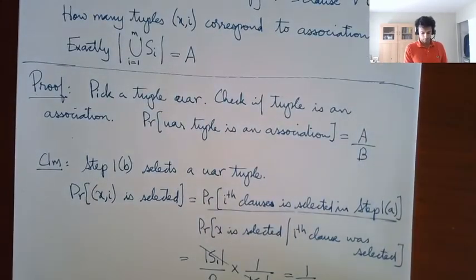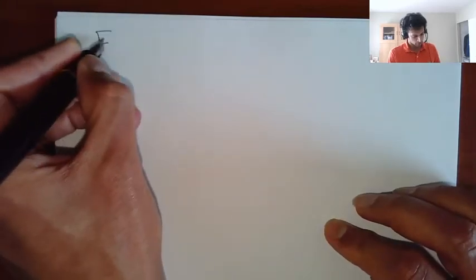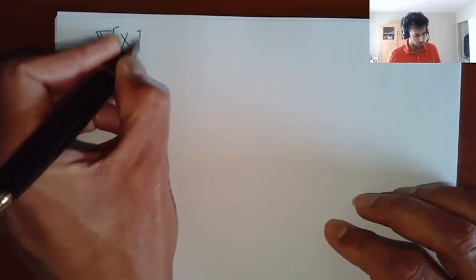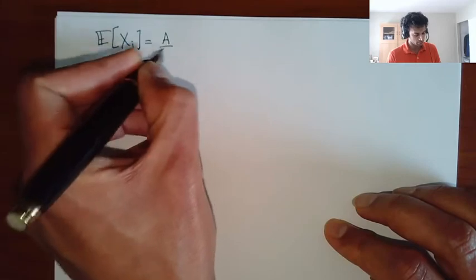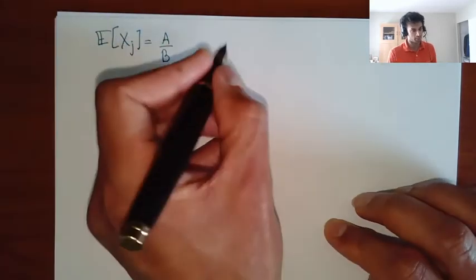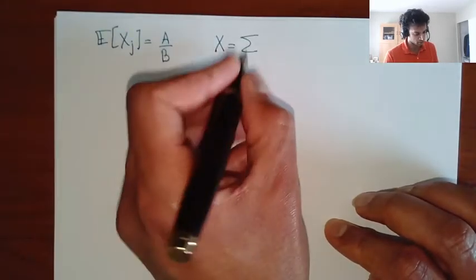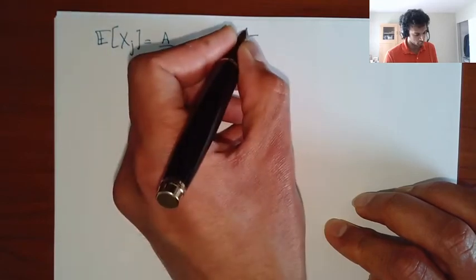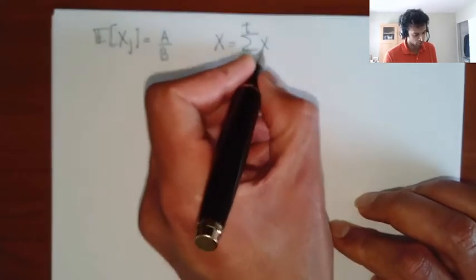All right, so now we need to choose t. So let's look at that part. Remember, I said the expectation of xj is equal to a divided by b. So let x be equal to the sum of j going from 1 to t of xj.